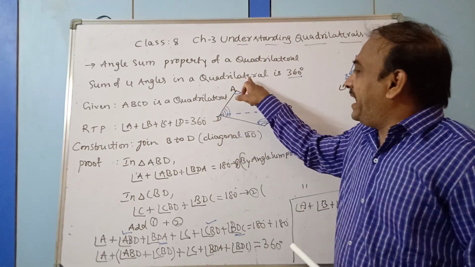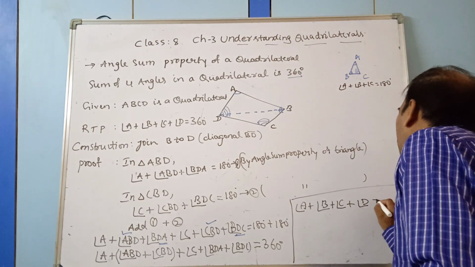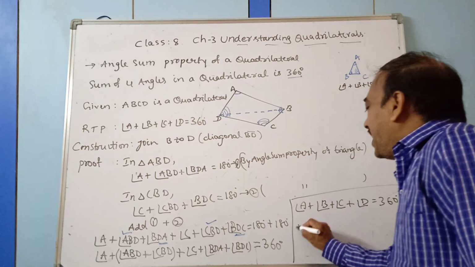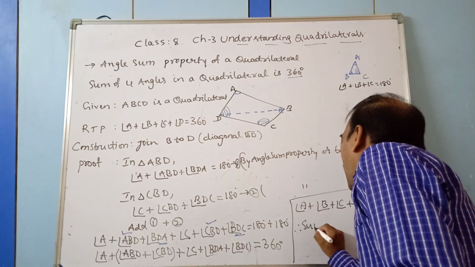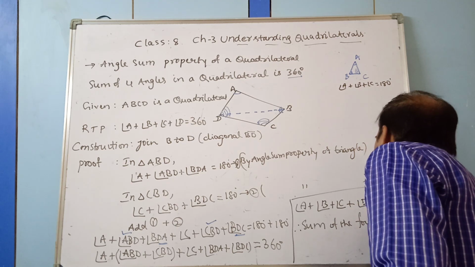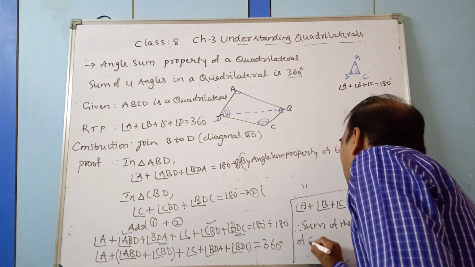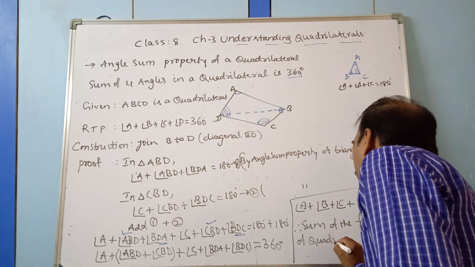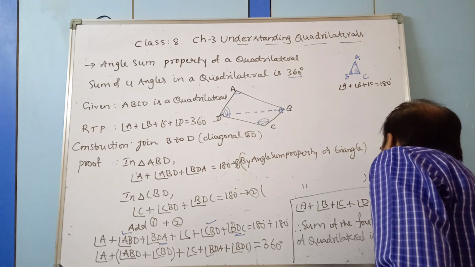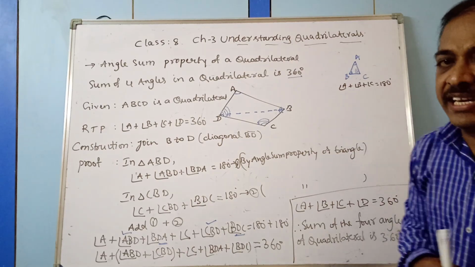BDC and BDA together will give you angle D. So angle D is equal to 360 degrees. Therefore, the sum of the four angles of a quadrilateral is 360 degrees. What is the sum of the four angles in a quadrilateral?